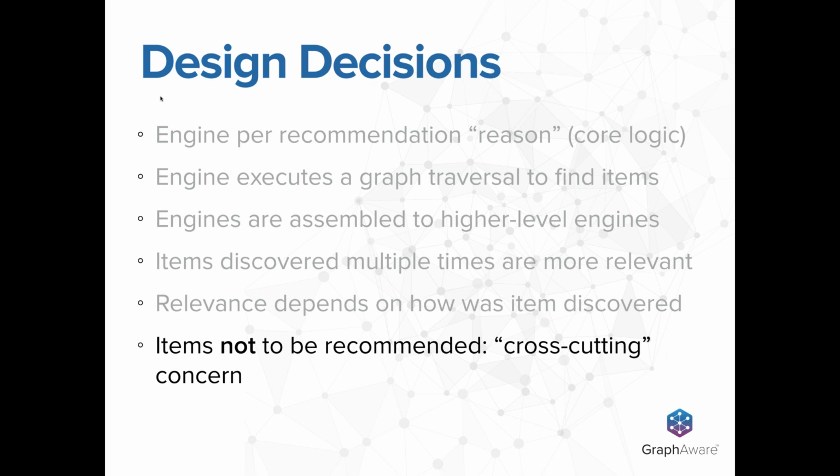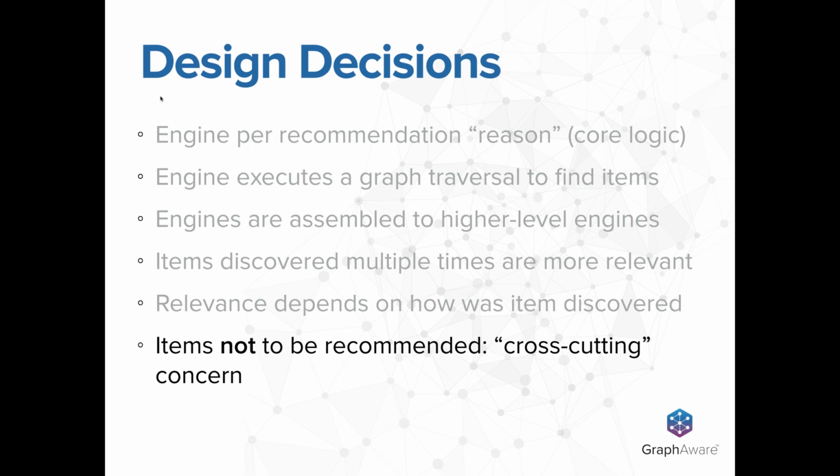Finally, we think that items that are not to be recommended, which must not be forgotten, are a cross-cutting concern. In other words, we don't want to pollute the logic of the engines that discover items to recommend by putting if-else checks at the end of every one of them to filter out items that we do not want to recommend.